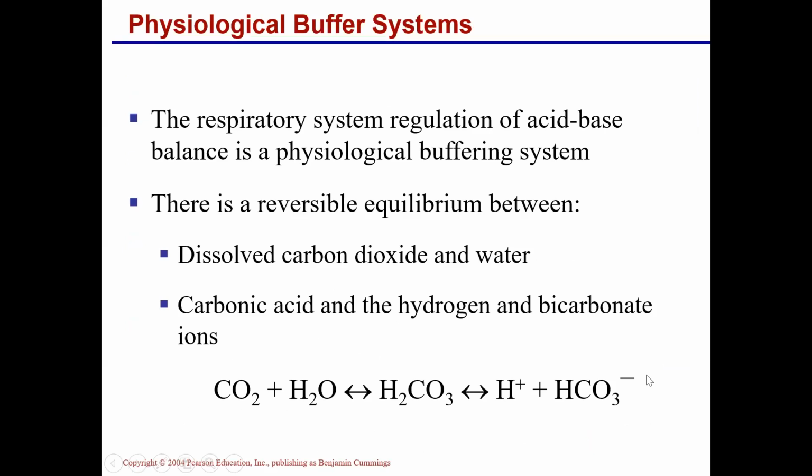Let's say your blood is acidic, which means you have accumulated more hydrogen ions. Then you try to lower the hydrogen ion concentration to increase pH. So what can you do?